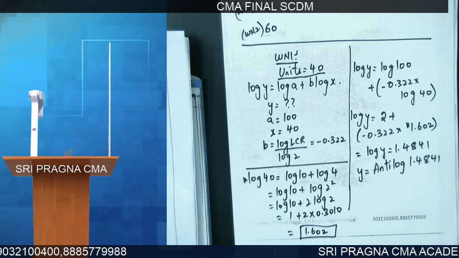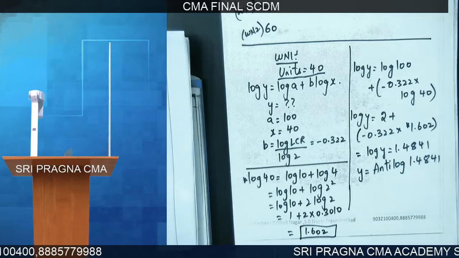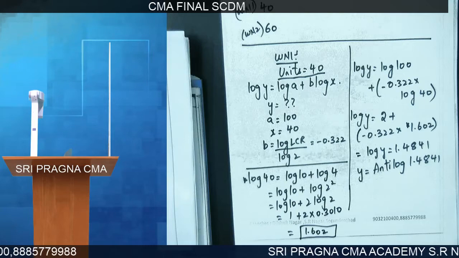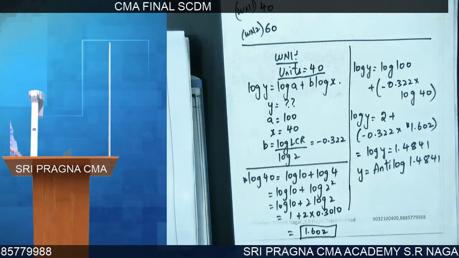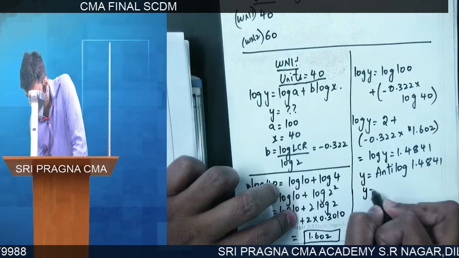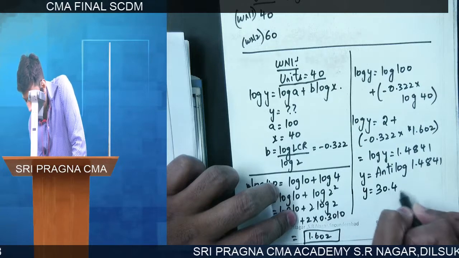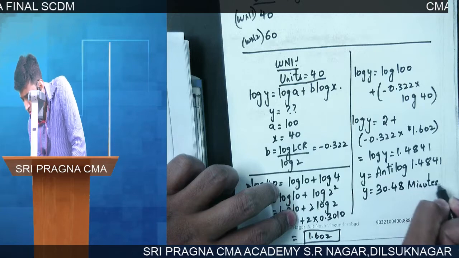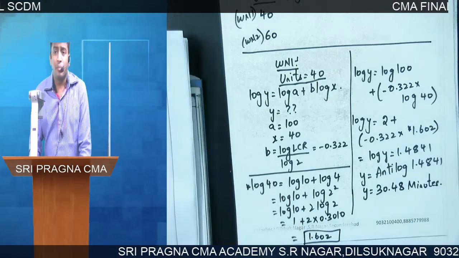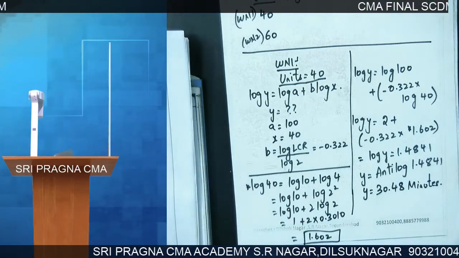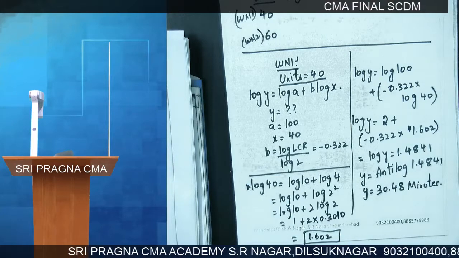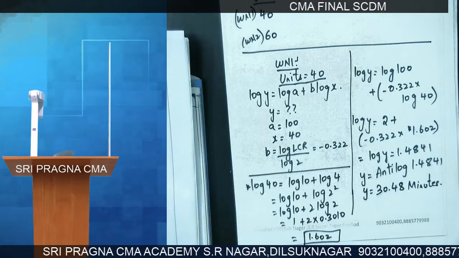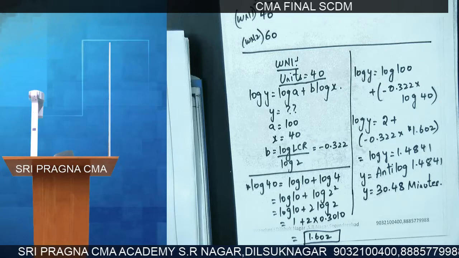It means our answer is correct. It is 30.4, and that is minutes, not hours. Now, just to confirm my answer is correct, let us check with the anti-log table. Open the anti-log table.